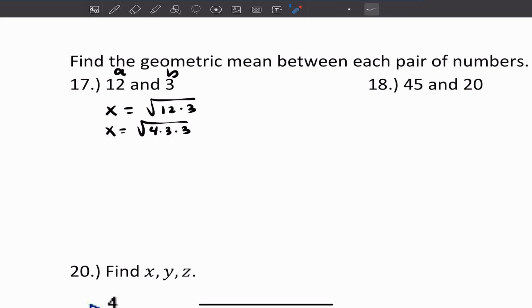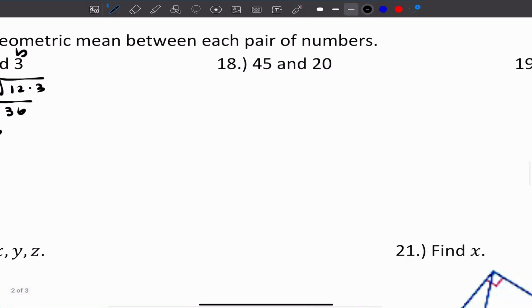Well, 12 times 3 is a perfect square. So it's x equals root 36, or x equals 6. So 6 is the geometric mean between 12 and 3. So that's your answer. For 18, we're going to do x equals root 45 times 20.